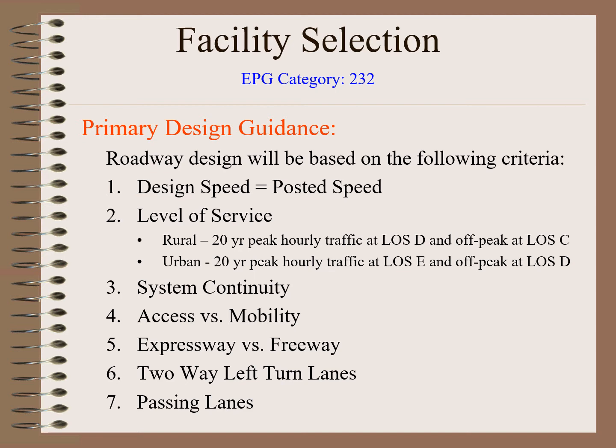So system continuity. We're going to design a 4-lane highway because that's what the rest of Route 36 really is. We like to also design things based on access versus mobility, expressway versus freeways, two-way left turn lanes and passing lanes. So these are some of the guidance that you need to keep in mind when making your design.